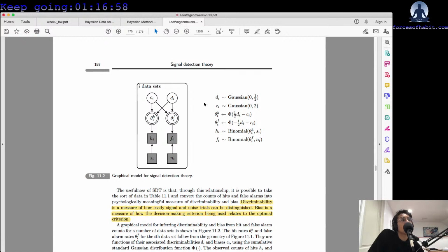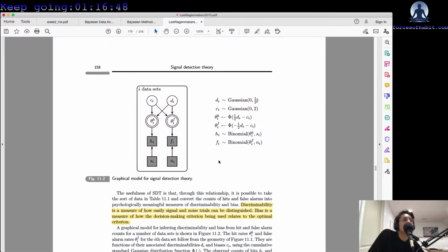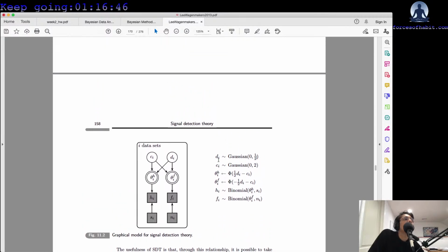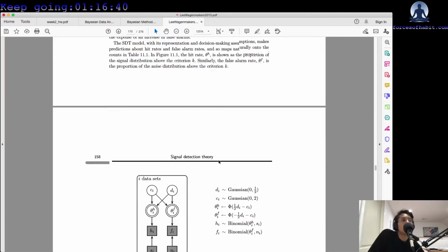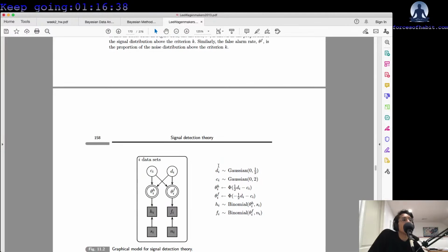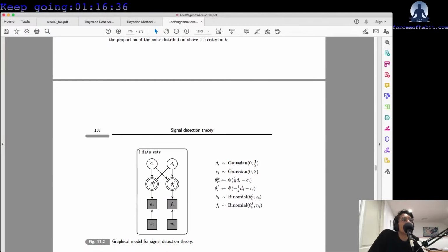C, then, the difference between K and D over 2, is distributed as Gaussian as well. And that's representative of the bias. So we have discriminability and bias.